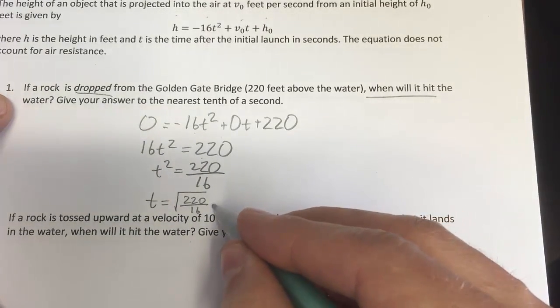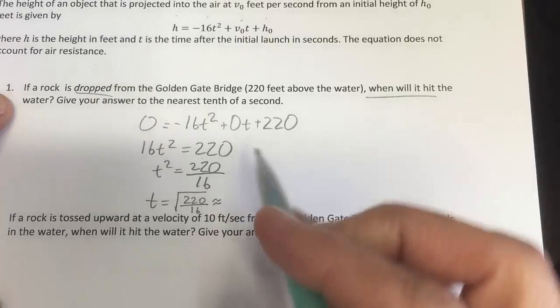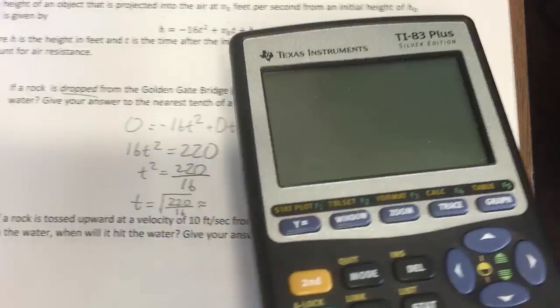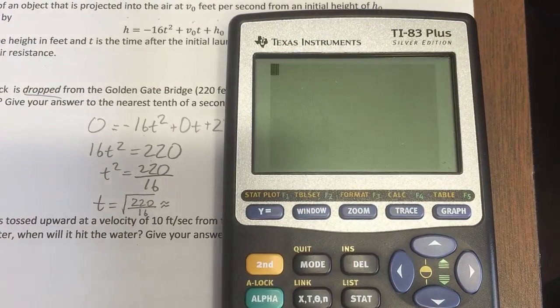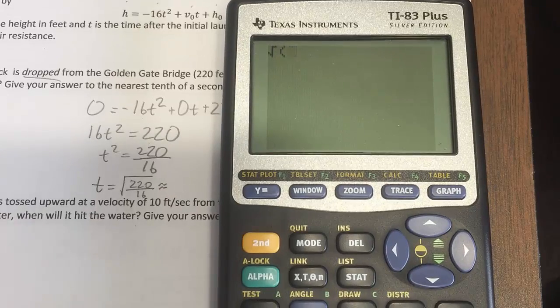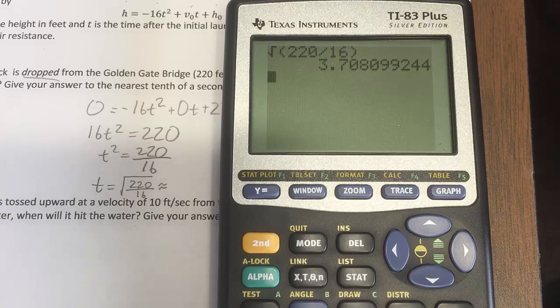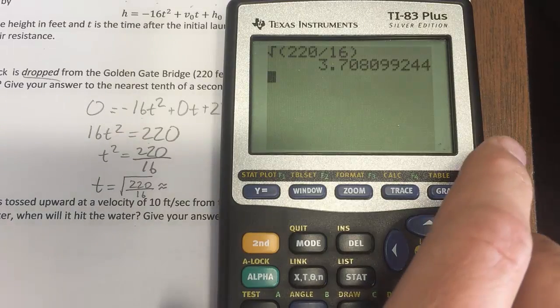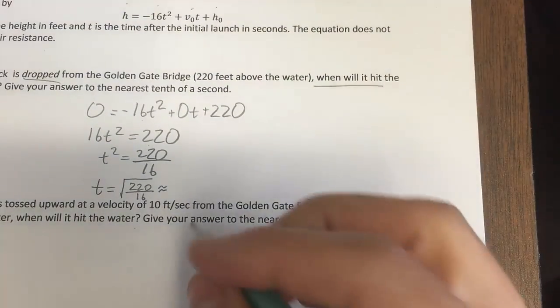Now I'm going to approximate that to the nearest tenth. I have a calculator here, and so I'll take the square root of 220 divided by 16. And so I'm going to write 3.7 seconds.